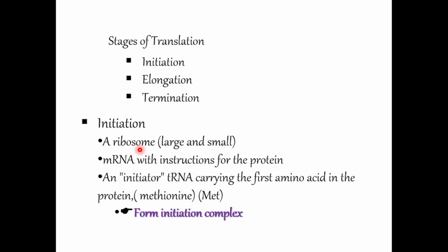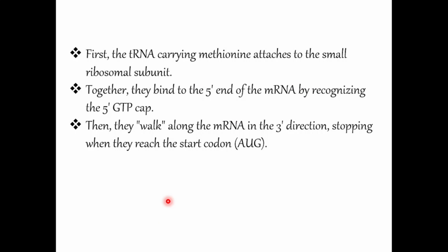There are 3 or 4 components: the ribosome, larger and smaller subunit, messenger RNA, which carries coded information, and initiator transfer RNA, which carries the first amino acid in protein, methionine. After these all come and join together, they form the initiation complex. That is what happens during initiation.